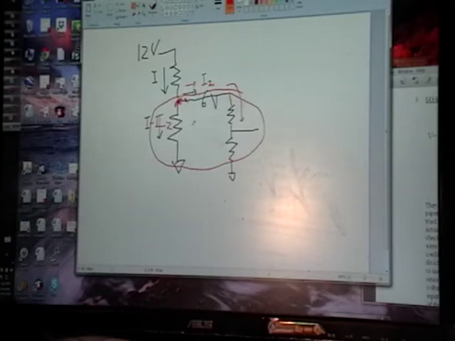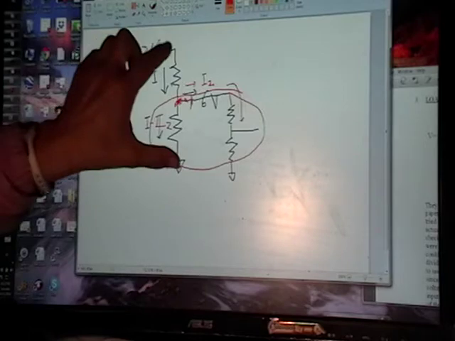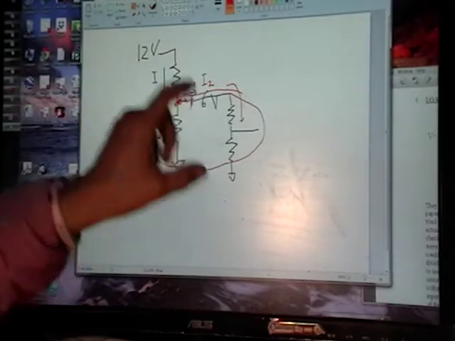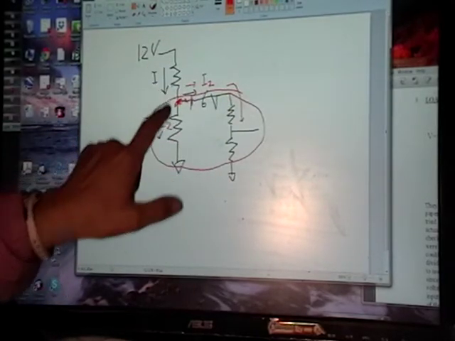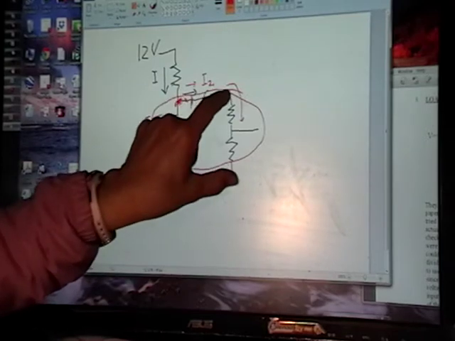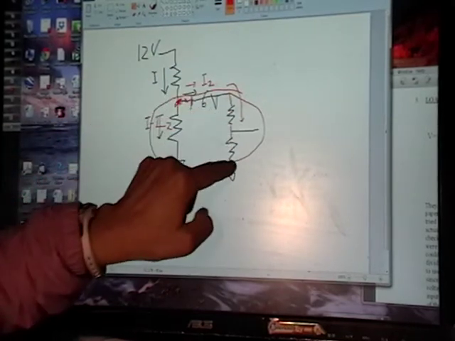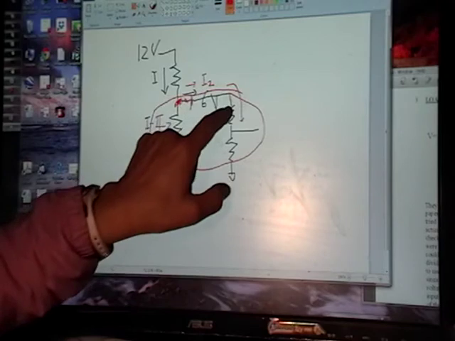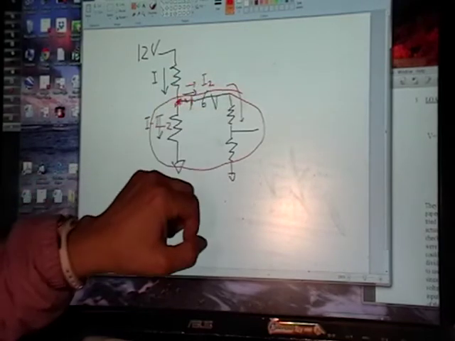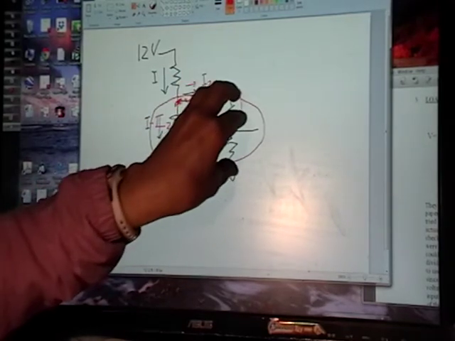So once again, if this circuit and this circuit weren't connected, then all of the current through here would also go through there. But as soon as you put a second circuit out here, some of it goes over there, and now you have less going through the bottom, and that's called loading.